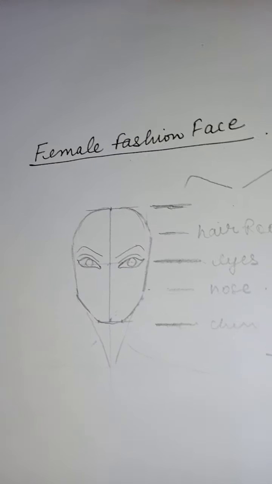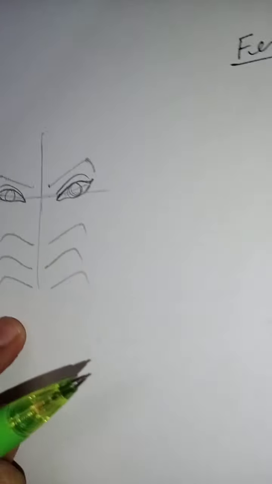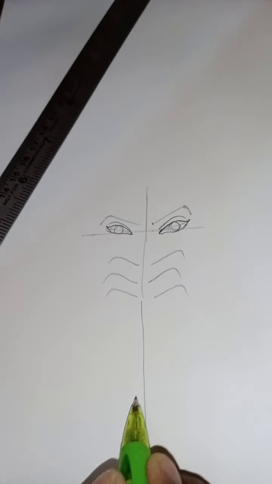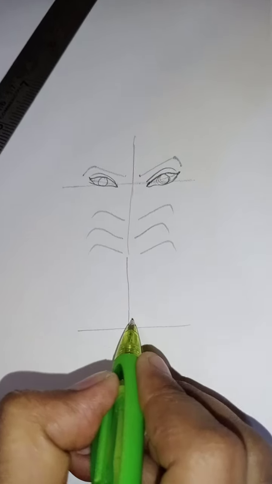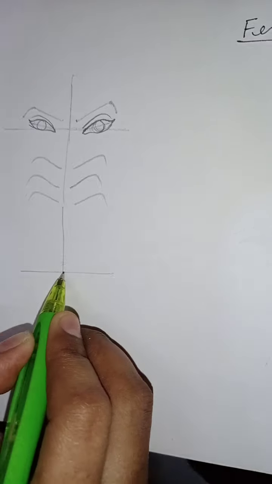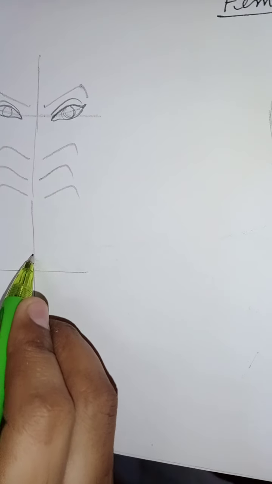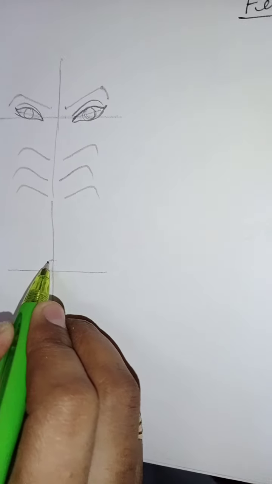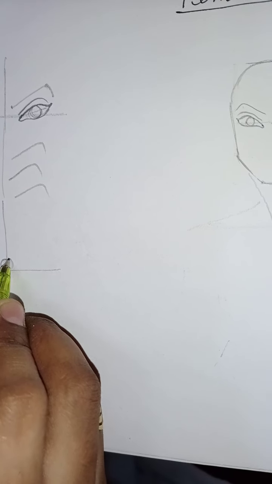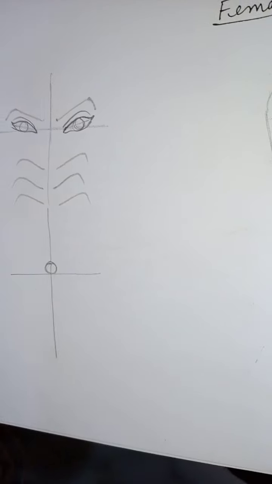Okay, now here. Now I will tell you how to draw the nose. For making a nose, I have to make a block of nose. So I have to make a circle like this. Suppose this is my center line of the face. So I will make a circle here like this. Semicircle here and semicircle here. Now this is a complete circle.